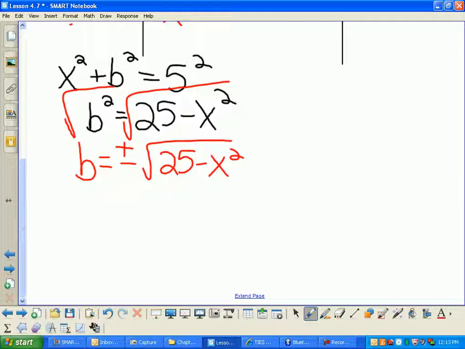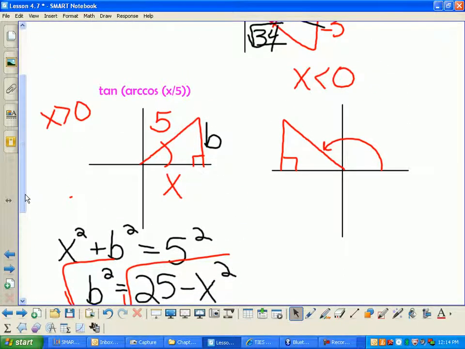If you did not have 2 triangles, and you did not have the plus or minus, there's 2 mistakes you've made in this one little problem. And they're going to get you. All right, so let's decide which is it, plus or minus. To decide that, I go back up and I look at the quadrant I'm in. In this quadrant, b would be equivalent to the y value up there, and y values there are definitely positive.